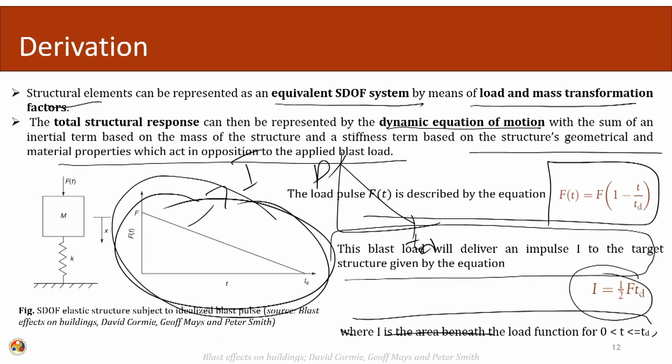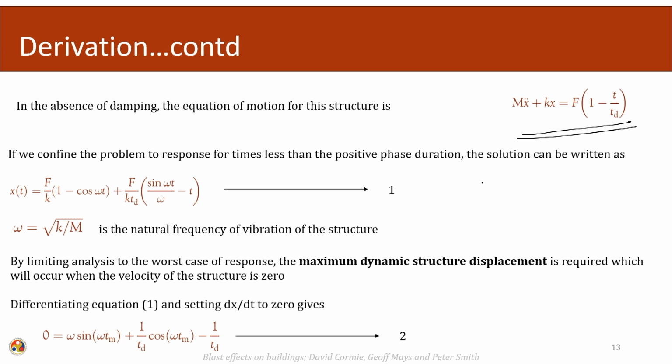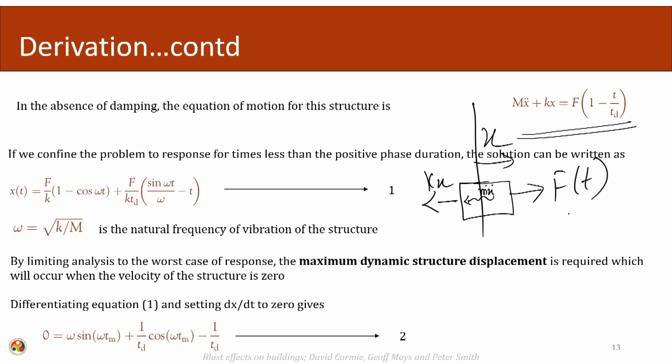So, if this is my structure, I can draw the free body diagram of this structure, where I am representing my x like this, with kx, and using D'Alembert's principle, the pseudo acceleration and forcing function F(t).